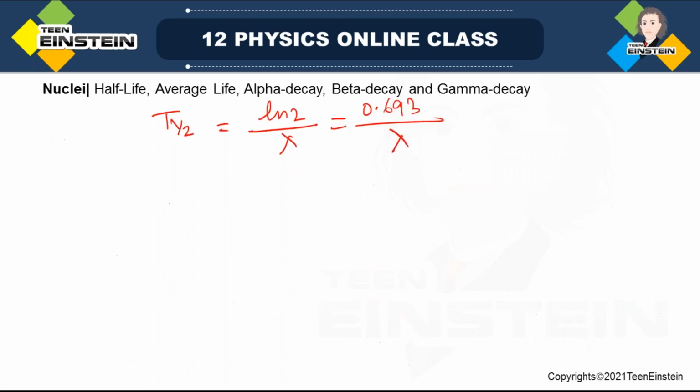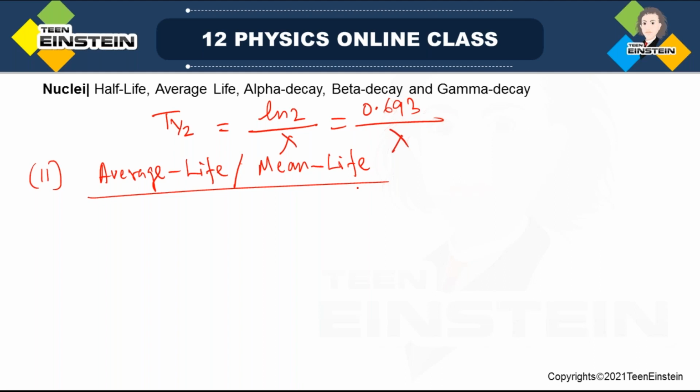One is half lifetime, and another one is the average lifetime or mean life. You might be seeing mean life much more than average life in the question. So this is mean or average lifetime.